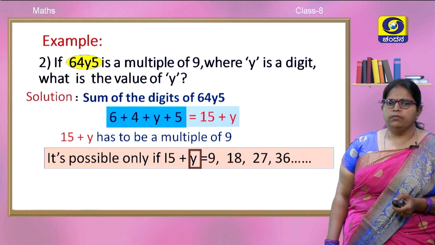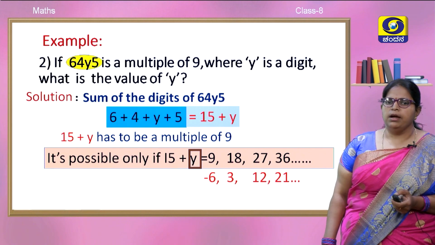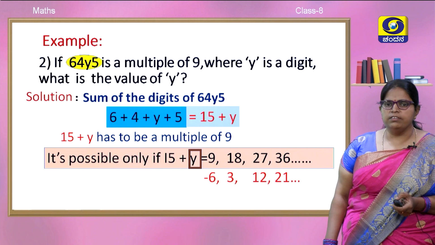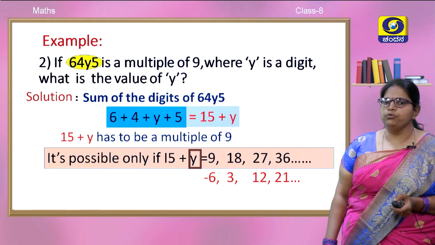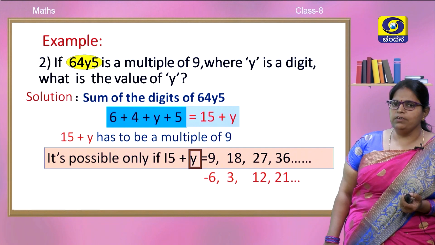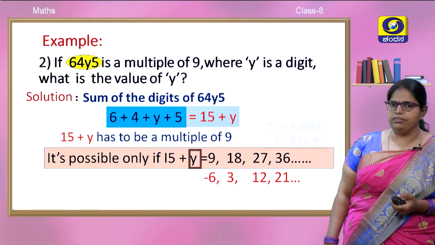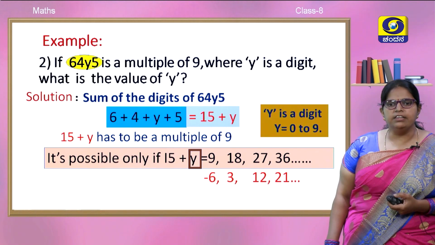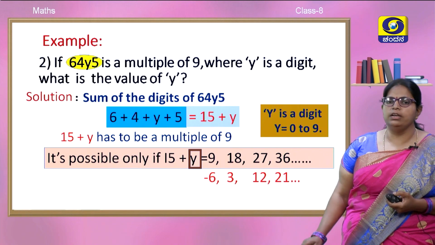So, the value of y is equal to minus 6 if 15 plus y is equal to 9, and 3 if 15 plus y is equal to 18, and 12 if 15 plus y is equal to 27, and 21 if 15 plus y is equal to 36. But y is a digit, so y can take the values from 0 to 9 only.